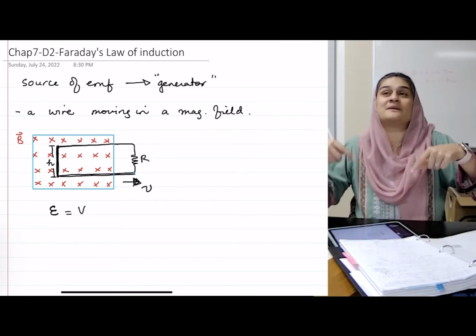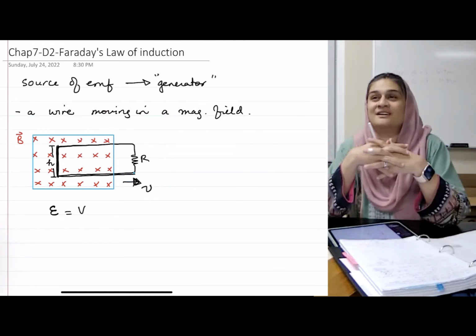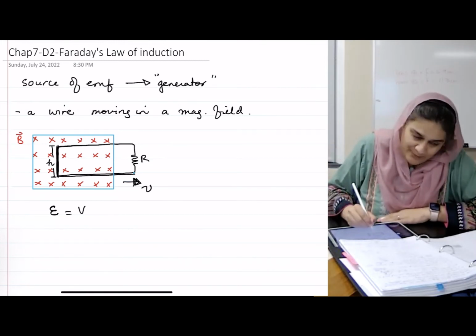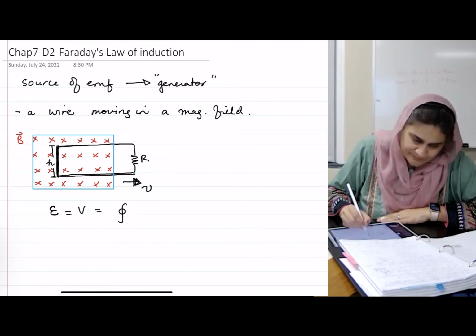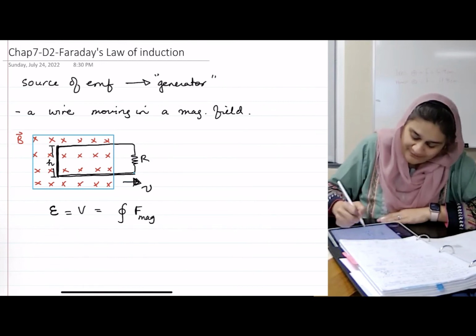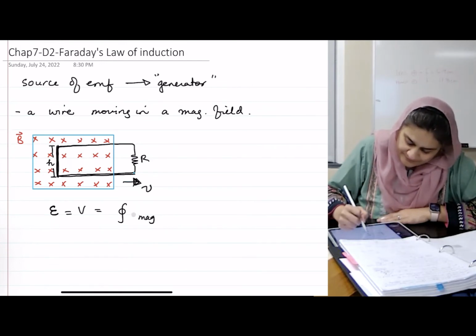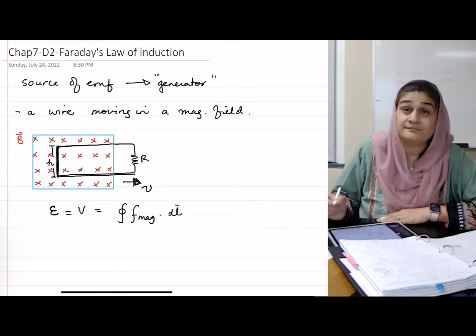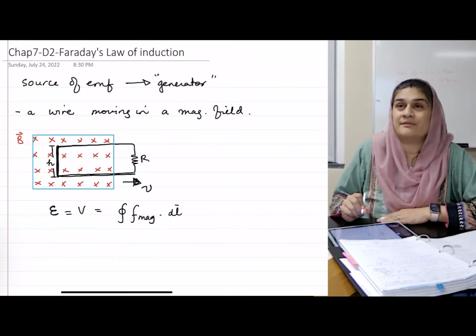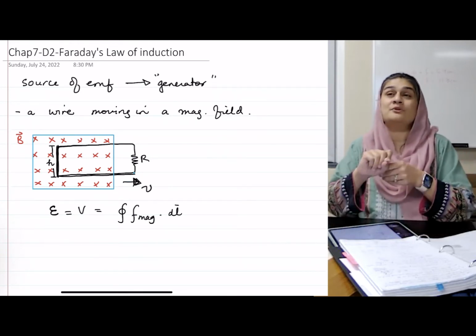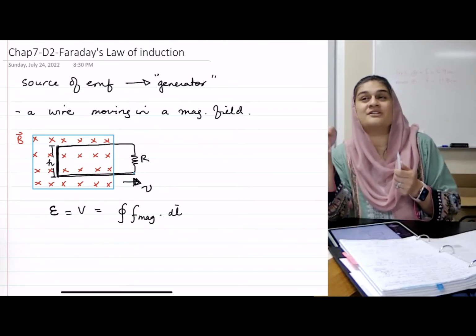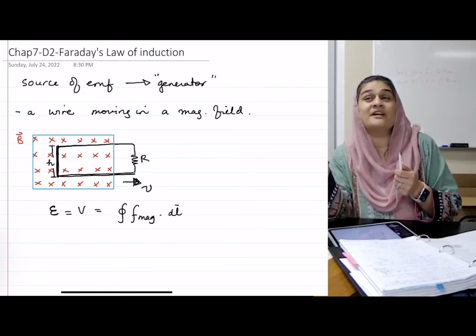Because this is now going to be my source of the voltage or current. Will that be equal to the integral of F mag, oh no, not big F, little f, dot dl? Why F magnetic? If I move a charge through a magnetic field, what force does that charge experience? Q V cross B?